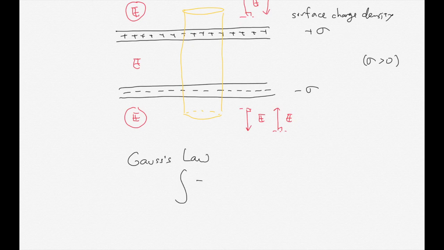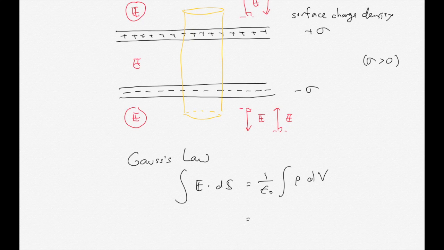Gauss's law says the surface integral of the electric field is equal to 1 over epsilon naught times the volume integral of the charge density. So in this case, we should consider the right-hand side, the charge inside of the cylinder.